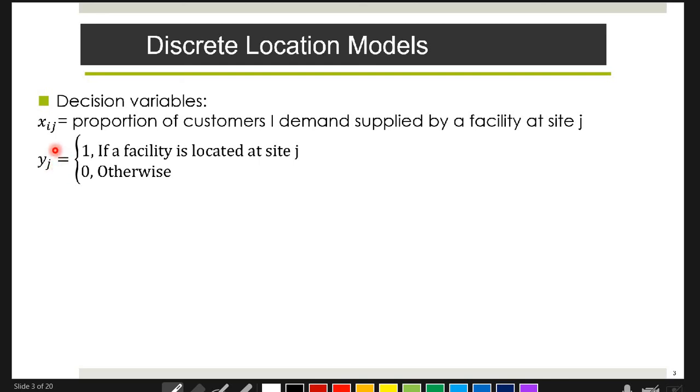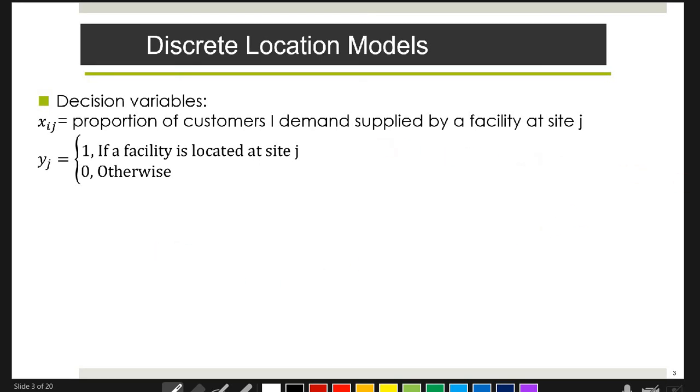In order to understand it, we define a binary decision variable Yj, which takes the value of 1 if a facility is located at site j, and 0 otherwise. So Yj is the second decision variable.